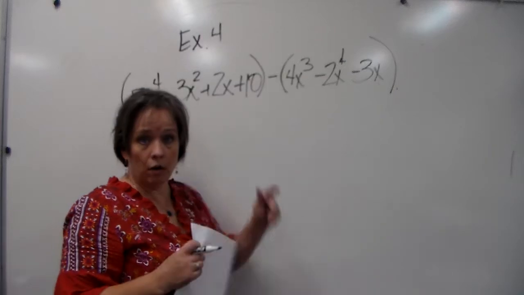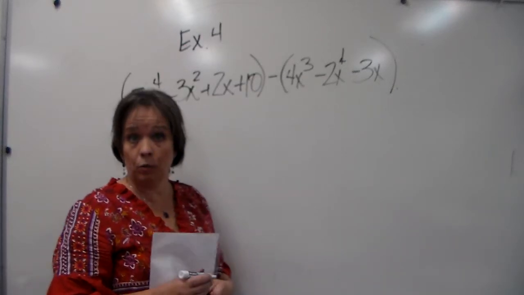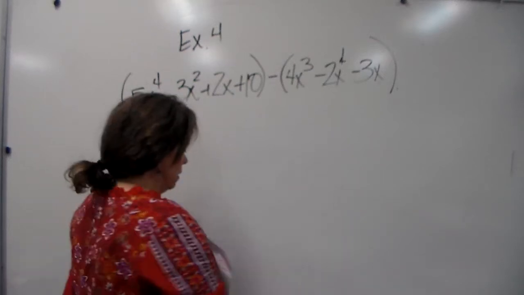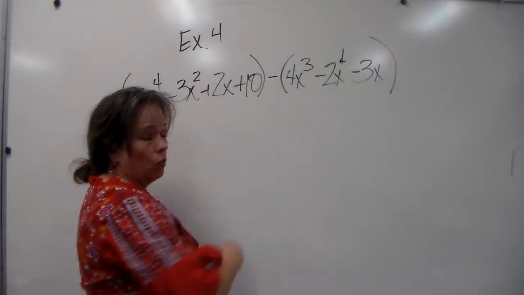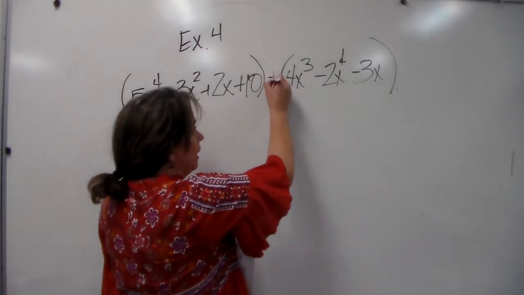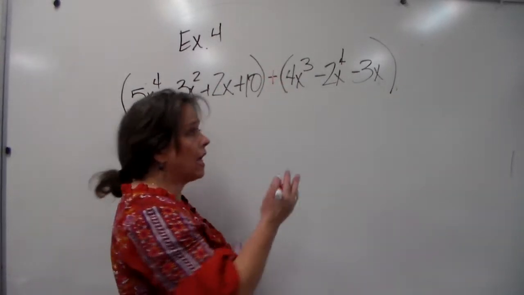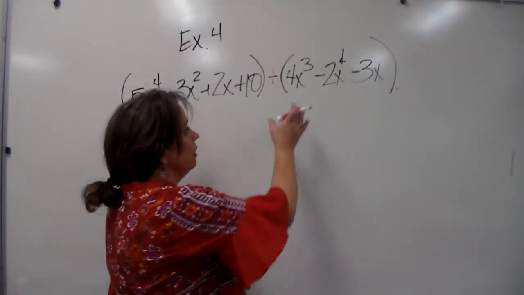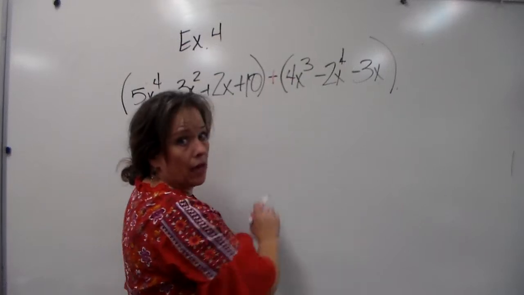And the first thing we're going to do is notice that we have a subtraction sign in front of parentheses. So we know that we have to change the subtract to an add, and now we need to flip the signs on all of the terms inside the parentheses that follow that subtract sign.